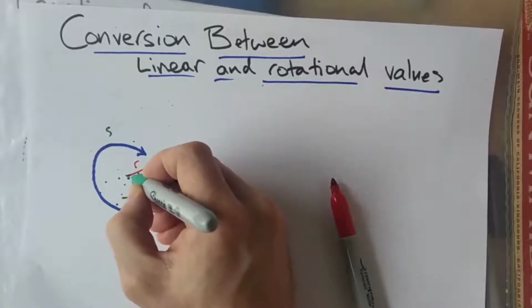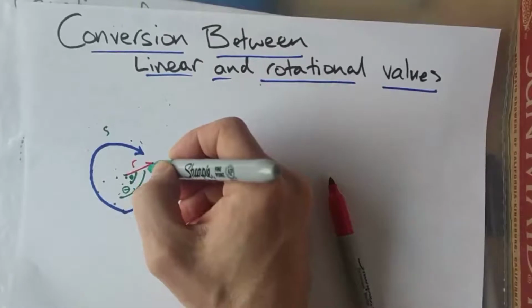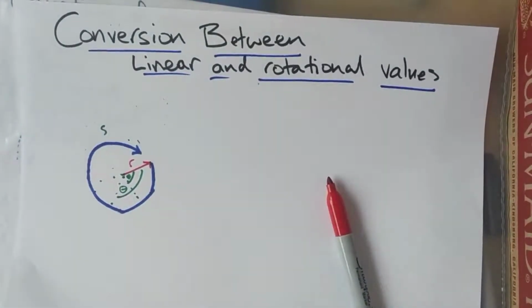So this angular displacement theta and this s are linked. The further you go around the circle, the bigger the s and the bigger the angle. They must be linked. It can't be that hard to tie them together. So let's have a think about that.